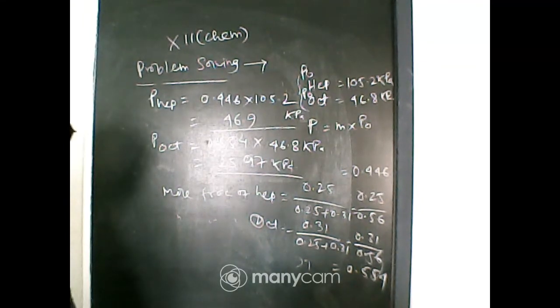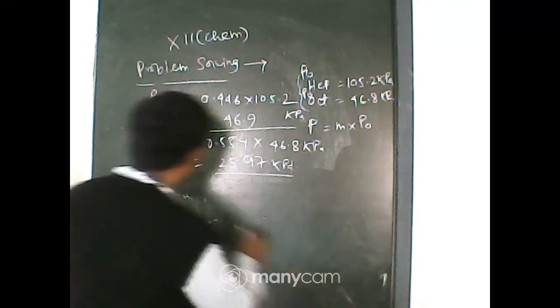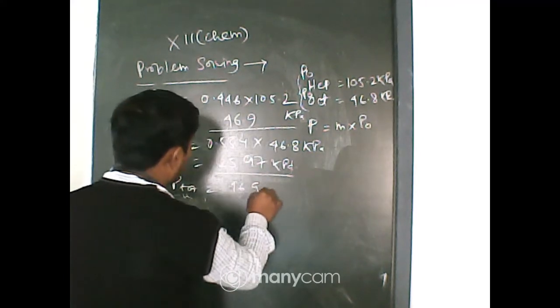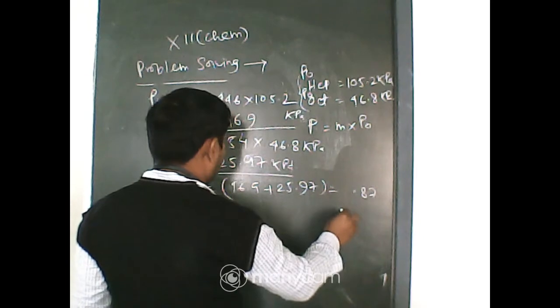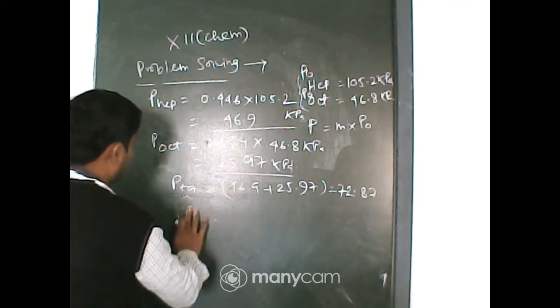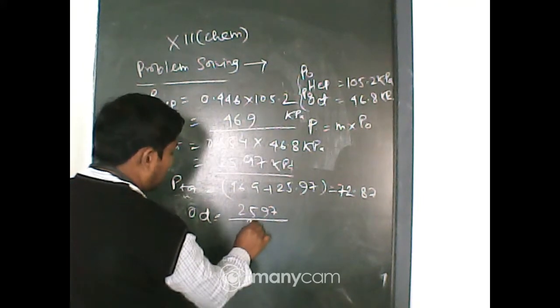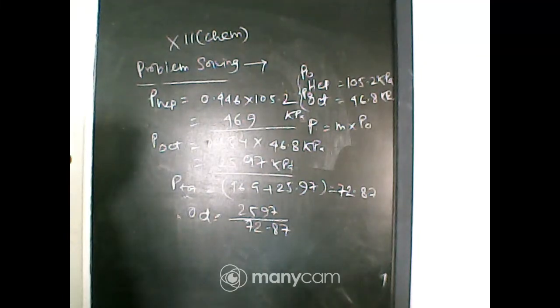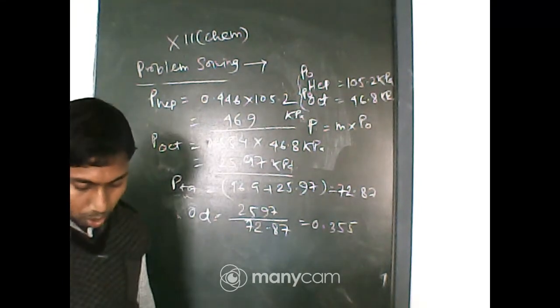The contribution of octane in the vapor phase is 25.97 divided by 72.87, which is 0.355. So 0.355 is the contribution of octane in the vapor phase.